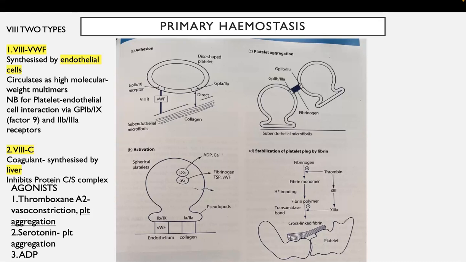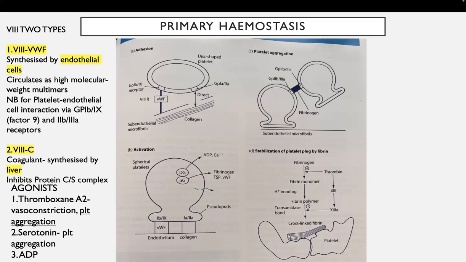So when they bind and change to the spherical shape, they then enhance their bond to your endothelial cells with these pseudopods. It's still the same factors and still the same glycoprotein with the von Willebrand's factors that will bind onto your endothelial cells and your collagens, but it's sturdier with the pseudopod binding.